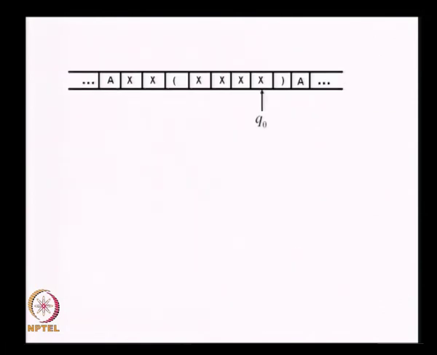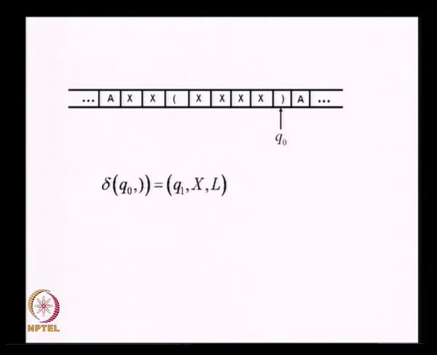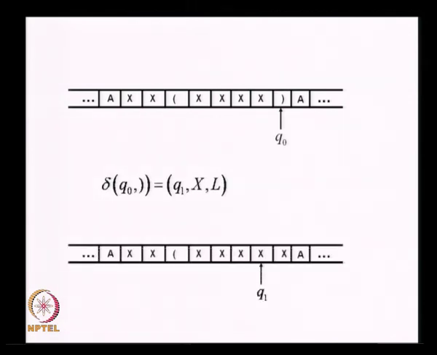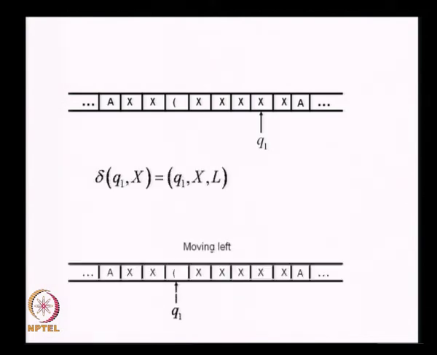Again it moves right looking for the next right parenthesis and changes that into an x using this move, starts moving left looking for the matching left parenthesis. So, these are left moving moves, and it moves left until it sees the matching left parenthesis.